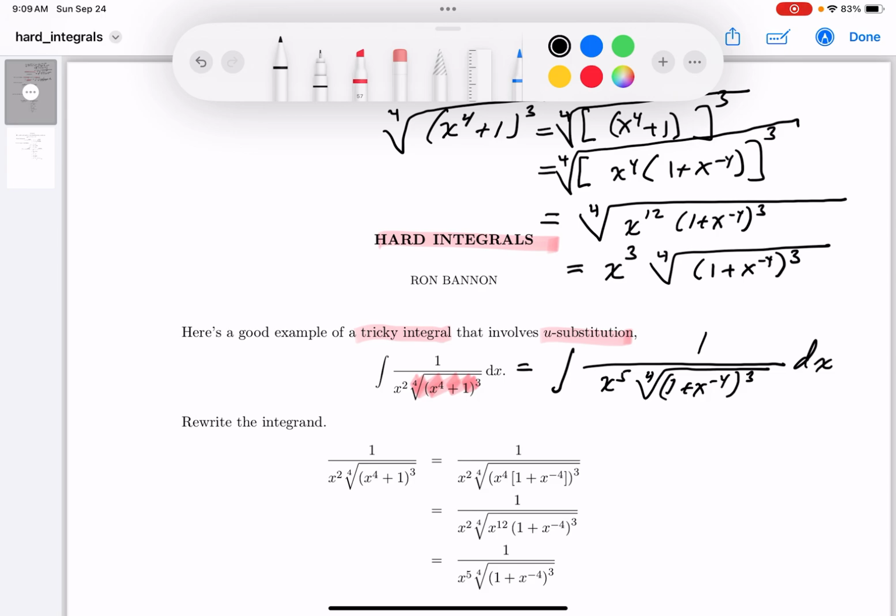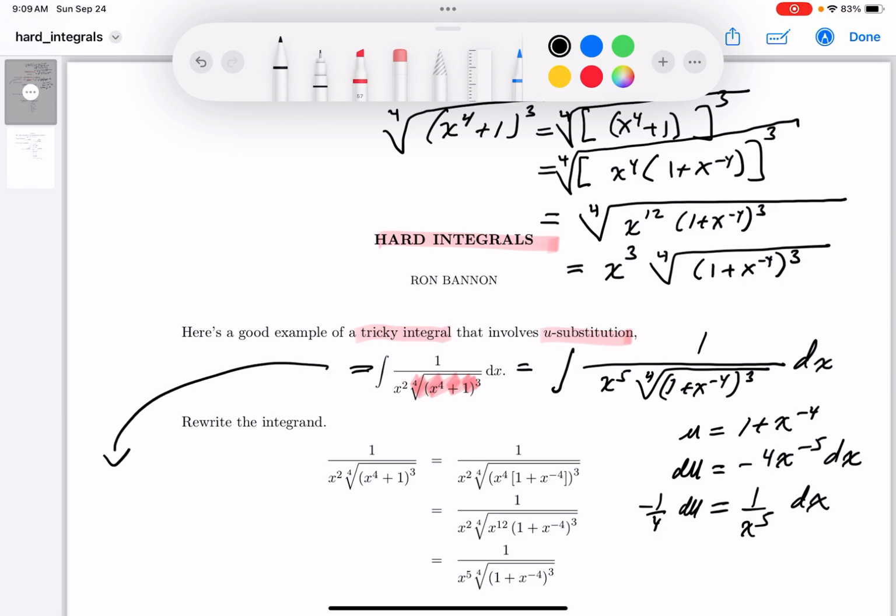Now I'm seeing the u substitution. The u would be this over here, and the du would be minus 4x to the minus 5 dx. So minus 1/4 du is going to be 1 over x to the 5th power dx.